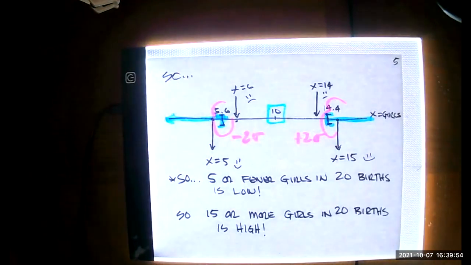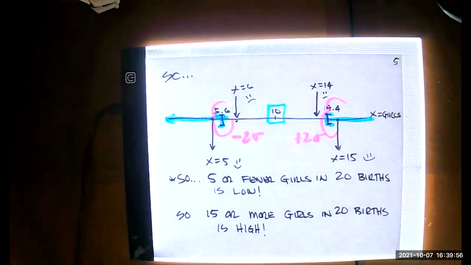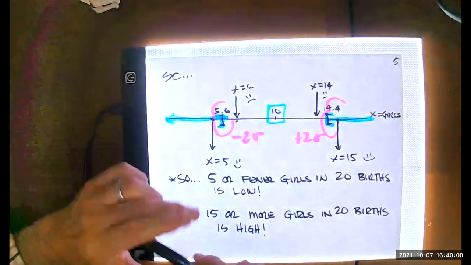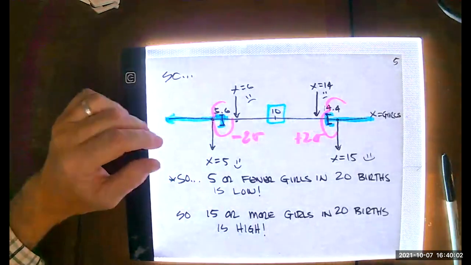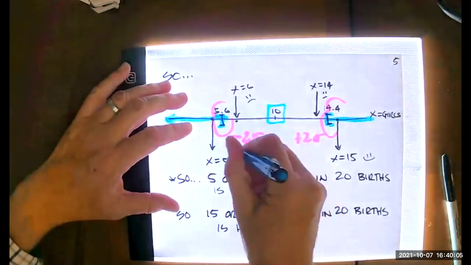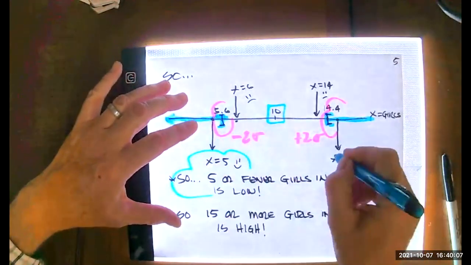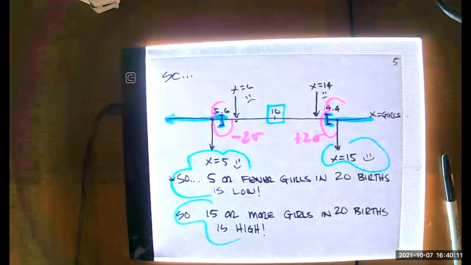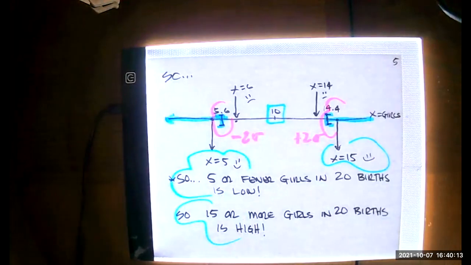So 15 or more girls, 5 or fewer girls. That's where we draw the line.